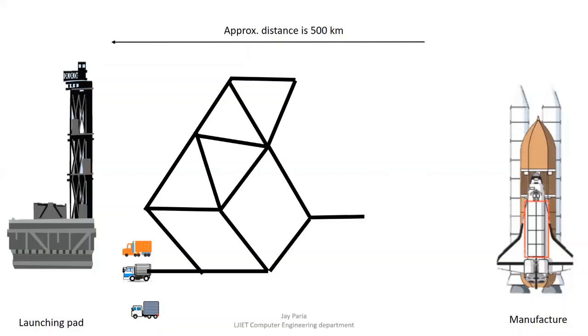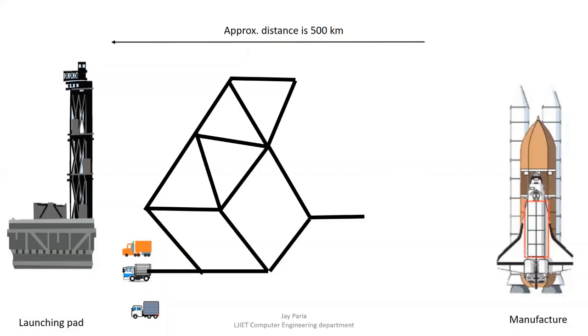To solve this problem, we divided the space shuttle into smaller parts. We divide the whole problem into smaller tasks so that we can solve it. This is known as the layering approach.